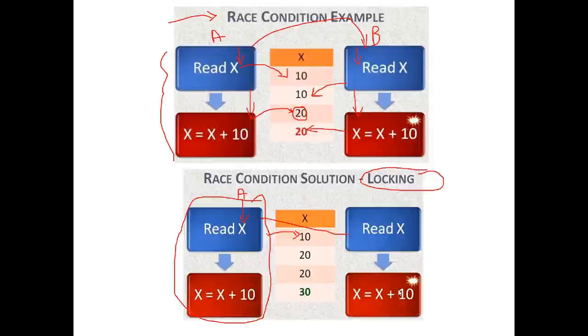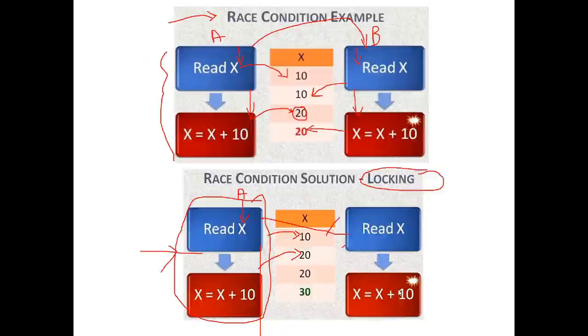Here process A increments the value of x and it becomes 20. After process A has executed this part, process B is given the chance to execute the same code and access the same variable.